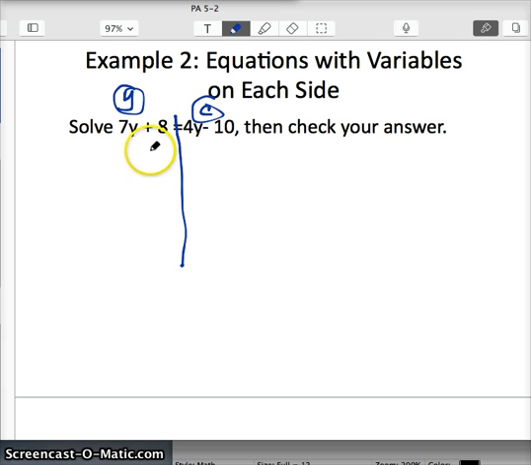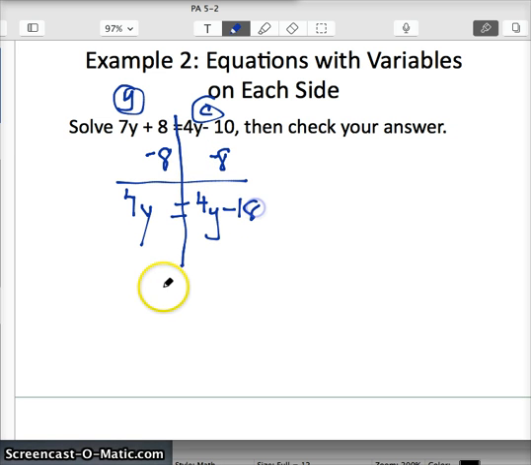If I want only y terms here, what needs to go? I hope you realize that that's the 8. So to get rid of a plus 8, I'm going to subtract 8. What I do to one side, I've got to do to the other. So I'm left with 7y is equal to 4y is still here. Let's be careful here. This is a negative 10 plus a negative 8, which gives me a negative 18.